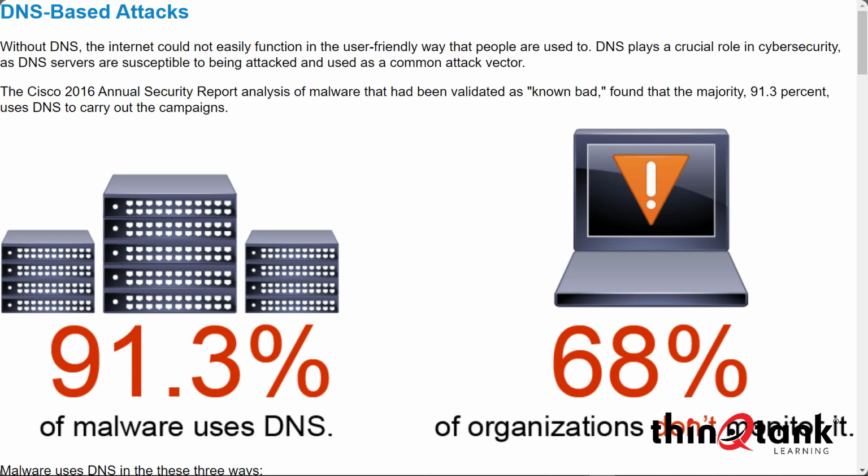DNS as a protocol is a hierarchical dynamic database that provides mappings between host names and IP addresses, both for IPv4 and IPv6. It also contains text records, mail exchange information, what we call MX records, name server information, what we call NS records, and security key information, which are defined as resource records.